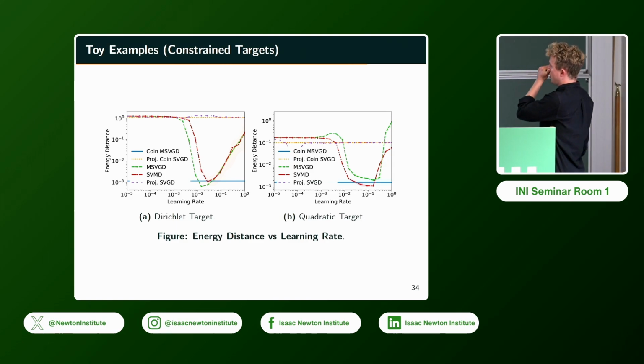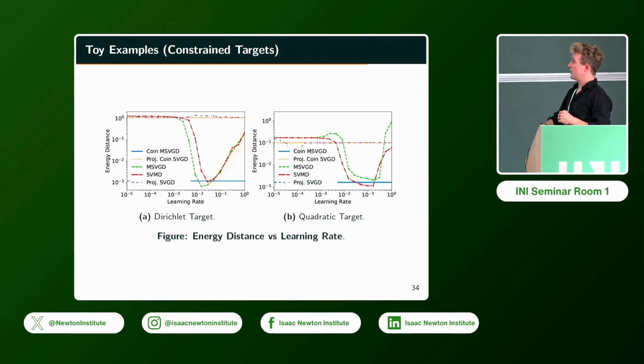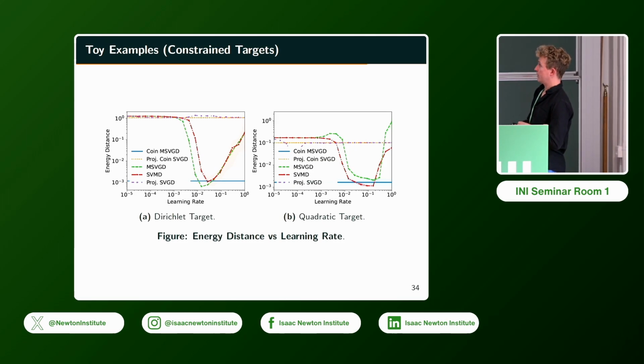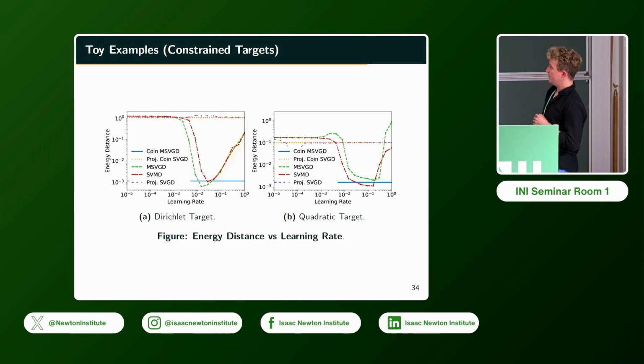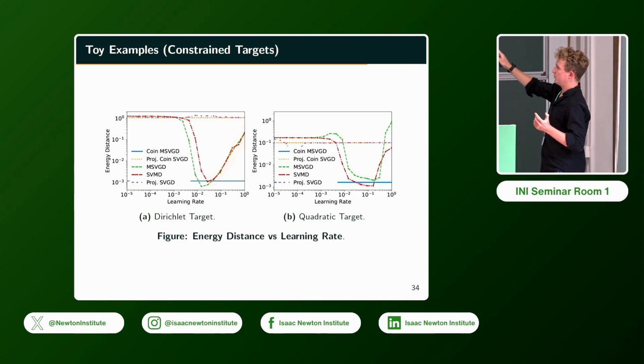Okay, so this is just showing this thing works for constrained targets as well. This is a sparse Dirichlet target and a quadratic target, both in this case defined on the probability simplex. What we're showing here is the approximation quality as a function of the learning rate. In the case of our coin algorithm, which is shown in blue, obviously this doesn't have a learning rate, so that's why you see this flat line.